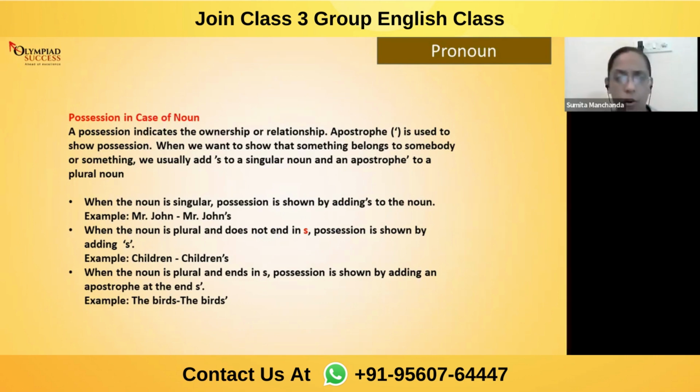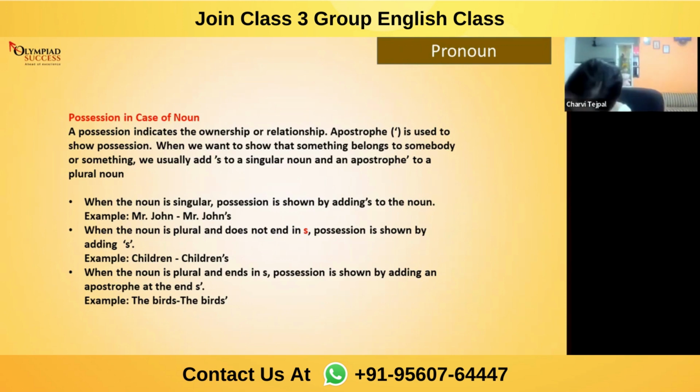I have done this with you all even earlier. Whenever we come across apostrophe, there are certain places. For example, when we want to show that something belongs to somebody or something, we usually add apostrophe S to a singular noun. Charvi, be on mute. And an apostrophe S to the plural noun.